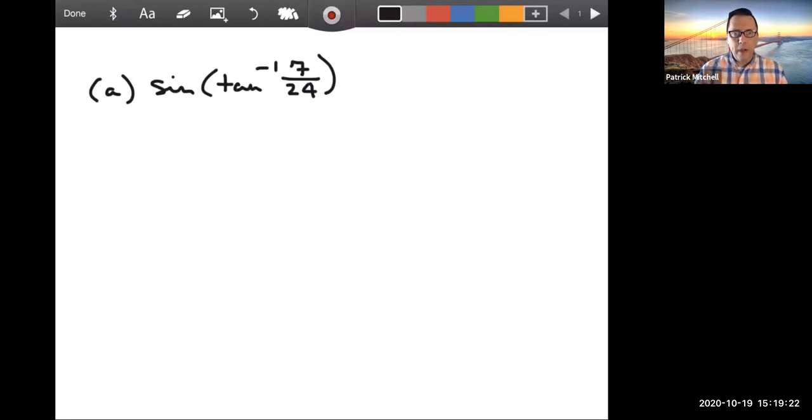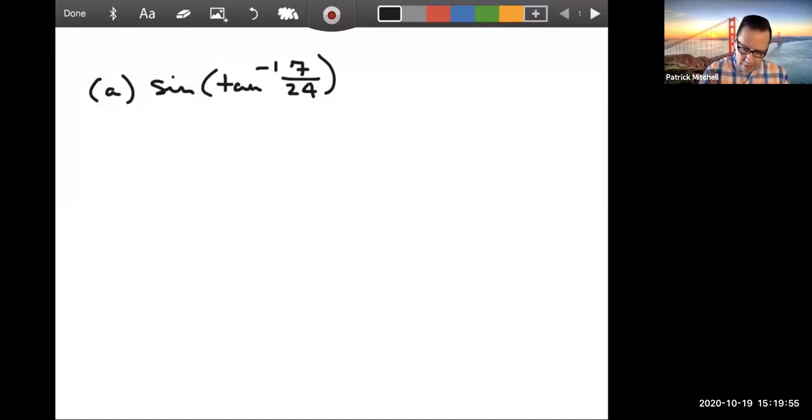So here we have the sine of the inverse tangent of 7/24, and they're saying to find the exact value. Exact value roughly means don't use a decimal point to write your answer. What is an inverse trig function? An angle. If you watched the first part of the video, we played the inverse trig function game.